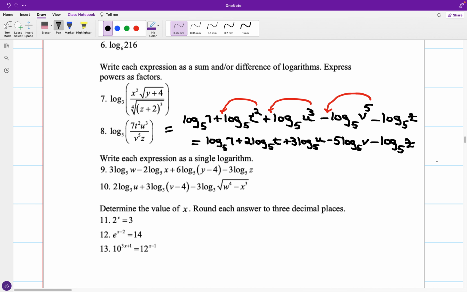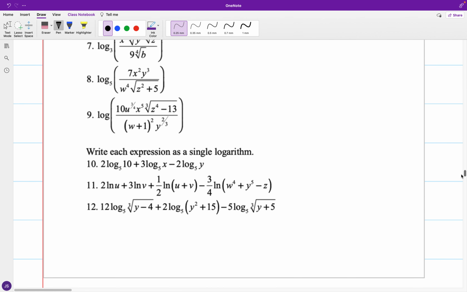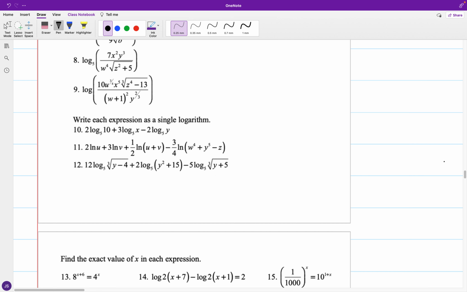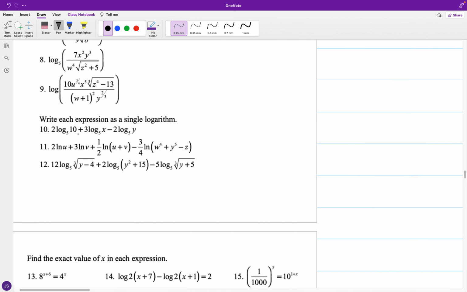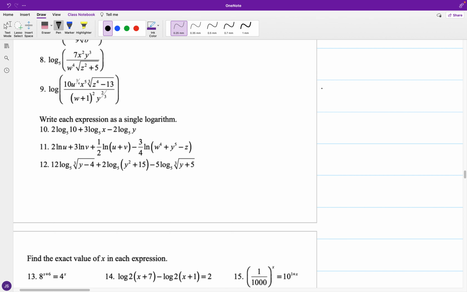All right. Now, in the crossover, what we have looking at is consolidating logarithmic terms. Now, in the case of number 10, you have 2 times the base 5 logarithm of 10 plus 3 times the base 5 logarithm of x, and we have minus 2 times the base 5 logarithm of y.